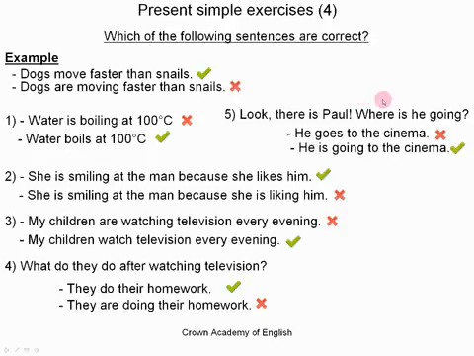The question is using the present continuous. If you look at it, it's saying, where is he going? There's ing. Where is he going? So the question is being asked using the present continuous form. So the answer that we give must also be in the present continuous, which is why the second sentence is correct. He is going to the cinema.